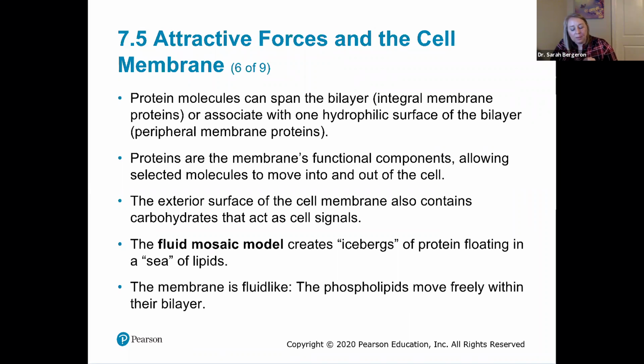And so you're going to have proteins. You're also going to have carbohydrates. Carbohydrates sit on the outside of the cell and are signals. Remember, we talked about these when we were talking about the blood groups, when we said that if you're A, you have 4 different carbohydrate pieces inside of your chain. If you're O, you only have 3, right?